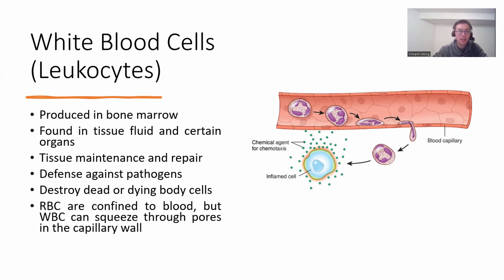Now, white cells are a little bit different from red cells. Red cells are only found in the blood vessels. But white cells are found in the blood vessels, but they can also squeeze themselves out of capillaries and stay in tissue fluid or in some organs.